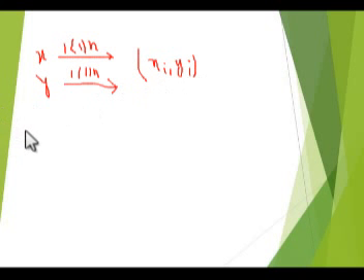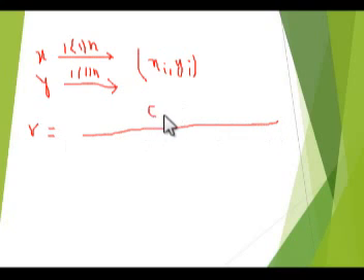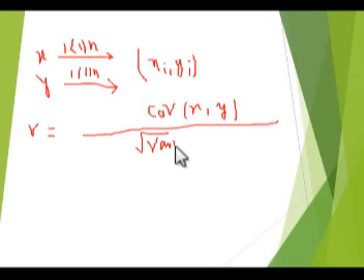R, I have already shown, I am again writing by definition. It will be covariance of xy over root of variance x, and root of variance y. The root of variance is the standard deviation.